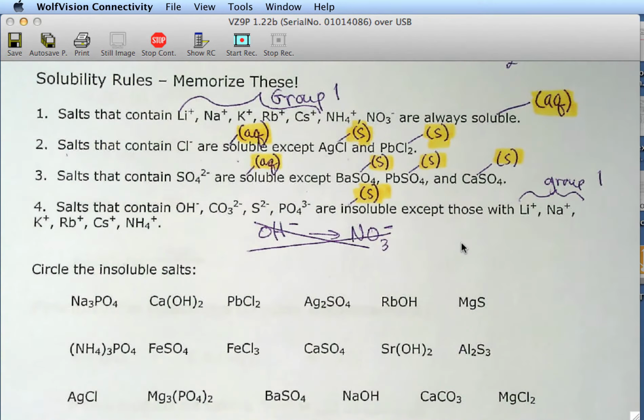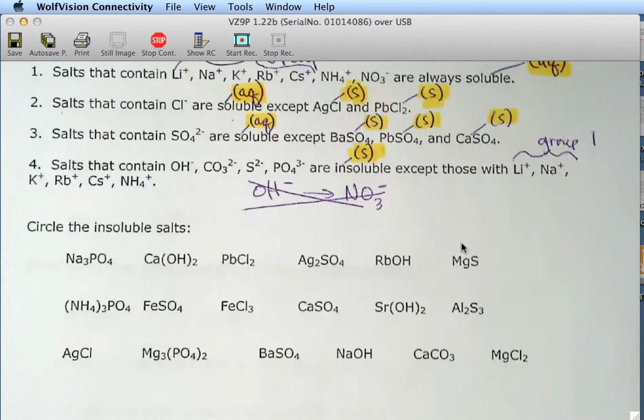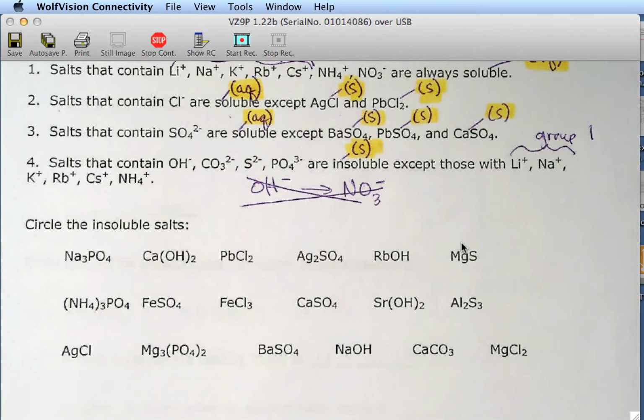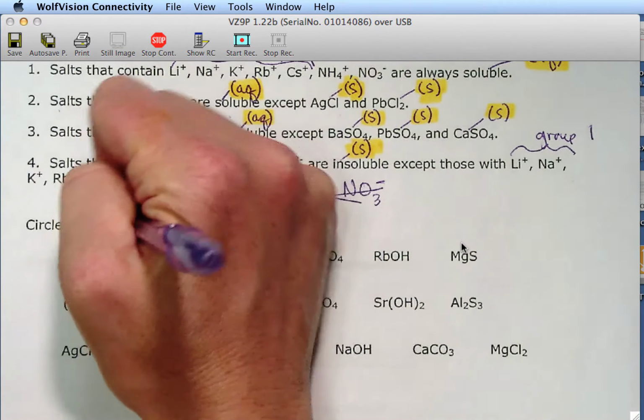So on the bottom of page 6, I have salts, right? Remember, salts are inorganic compounds. And my question to you is to circle the insoluble salts. What symbol would insoluble get? S, good, very good, solid.